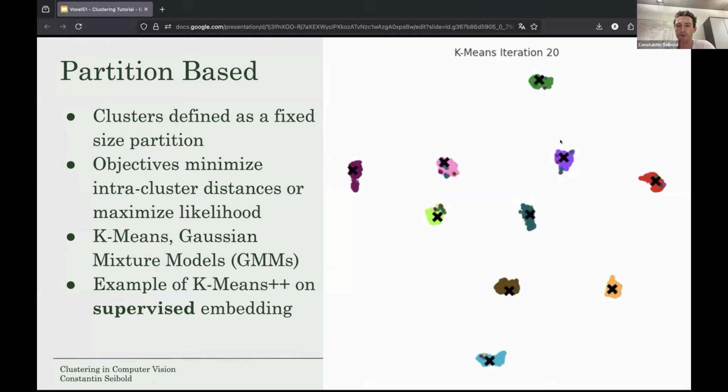And typical methods here are k-means or Gaussian mixture models. For example, if you have really good embeddings fitting to your task, like in this image on the right, in these supervised embeddings of the ImageNet dataset, you get really trivial groupings from your k-means clustering. Well, in this case, k-means plus plus, which has a bit better initialization. But in the end, you get basically the classes that are intended.